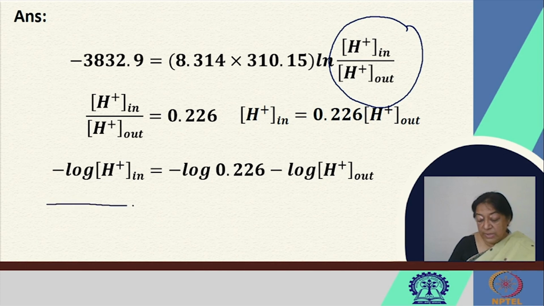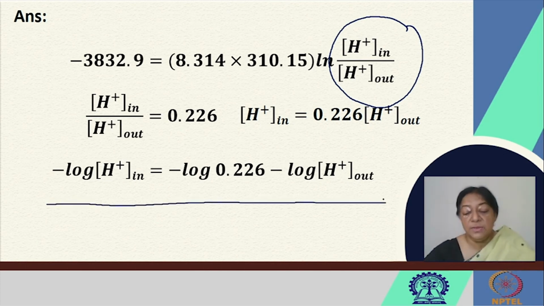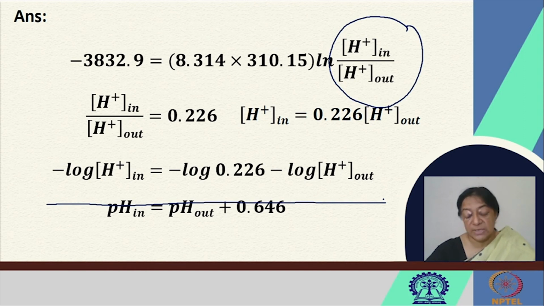Based on this, we can determine what the pH is from the expression here. So we have a pH in equal to a pH out plus the logarithm of 0.226, which is minus 0.646.